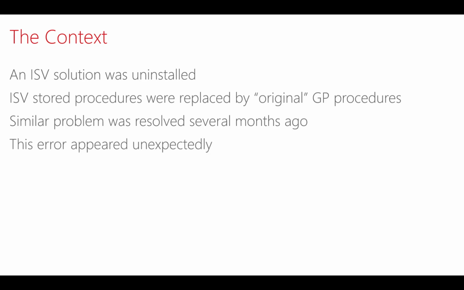Additionally, a similar posting problem was encountered and resolved several months ago with the help of Microsoft Dynamics GP support. However, that was several months ago, and now this different error appeared unexpectedly. While we thought the ISV uninstall and related problems were somehow related to this error, we didn't have a specific tie to explain the cause.